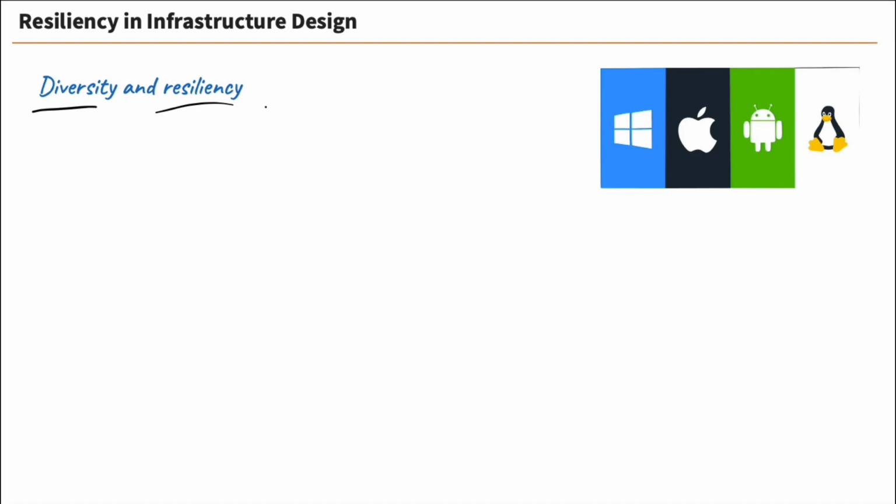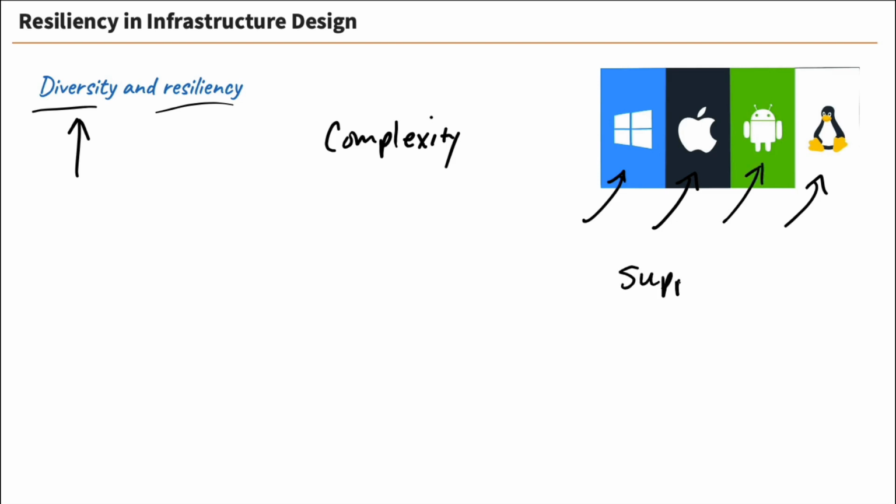Now, here's the point I want to get across: diversity within our infrastructure design isn't always a good thing, and that's because it can introduce complexity. For example, if we had a desktop environment with Windows machines and Mac machines and Linux machines, and maybe some Android devices, well, that means that our support personnel have to be able to support all of these different operating systems, and that is complexity.